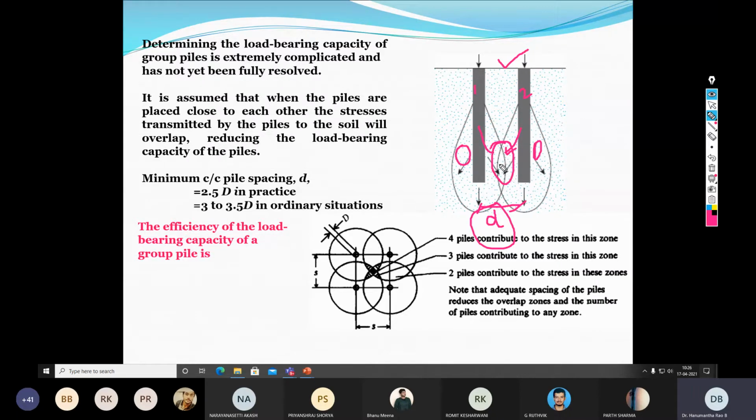And moreover, if you look at zone 1 and zone 2, in zone 1 the stress is coming from pile number 1 and pile number 2. In zone 2, the stress is coming from either 1 or 2. Now you can also anticipate some kind of differential settlement between zone 1 and zone 2, which is also not advisable. As we understood from the shallow foundation, differential settlements are the most dangerous.